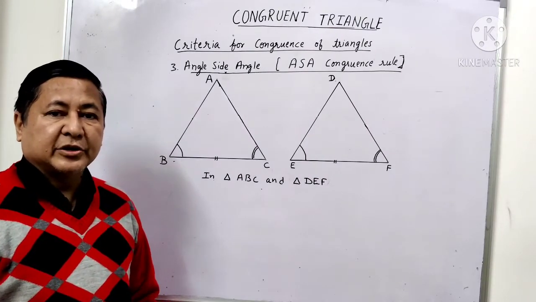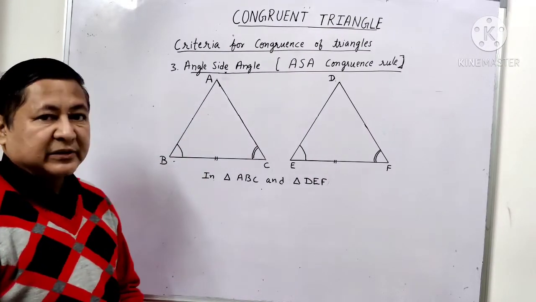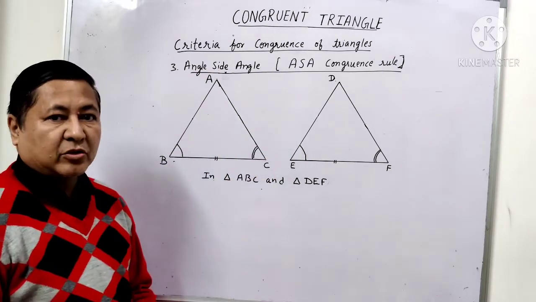Now let us take the third criteria, that is angle side angle, also known as the ASA congruence rule.